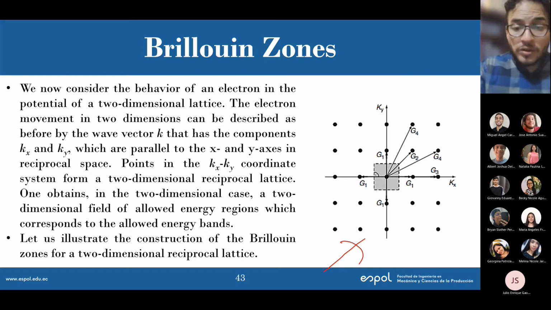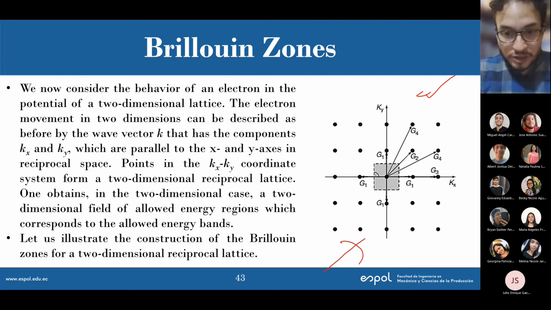So basically, all these points that you see there are defining a two-dimensional reciprocal lattice. We're in reciprocal space because we said that K is defining reciprocal space, right? So how do I get these Brillouin zones? Well, you just get the vectors that are closest to the origin.